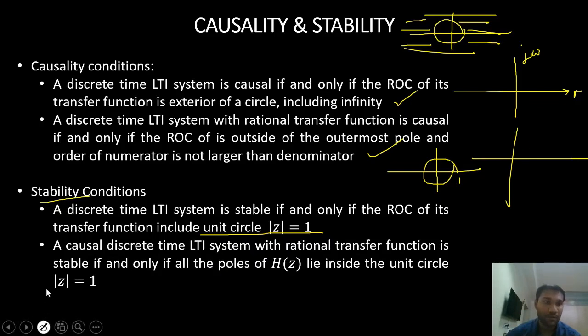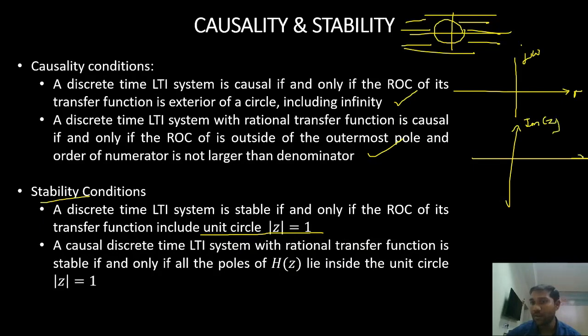In Z transforms, this is the imaginary part of Z and this is the real part of Z. The right hand side in the S domain corresponds to the area outside the circle, and the j omega axis, the imaginary axis in the S domain, corresponds to the unit circle.